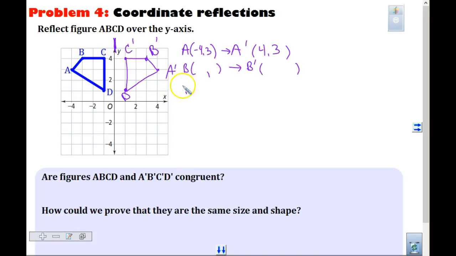Zach, the original B prime. Oh, excuse me, the original B. Oh, B, not D. -3, 4.